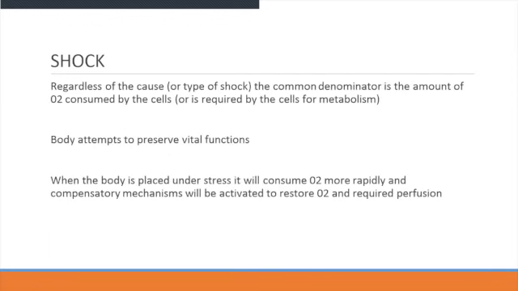Regardless of the cause or type of shock, the common denominator is the amount of O2 required by the cells for metabolism. The body attempts to preserve vital signs. A good example is a patient who is losing a large amount of blood. The body tries to compensate by causing vasoconstriction to shrink down the container, or the vessels, that carry the blood, and it also increases the heart rate so it can transport blood a lot quicker around the body.